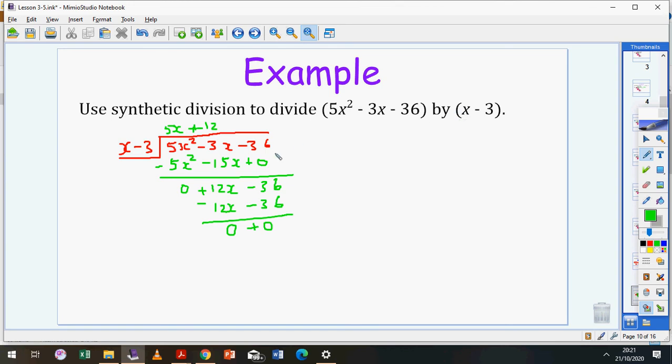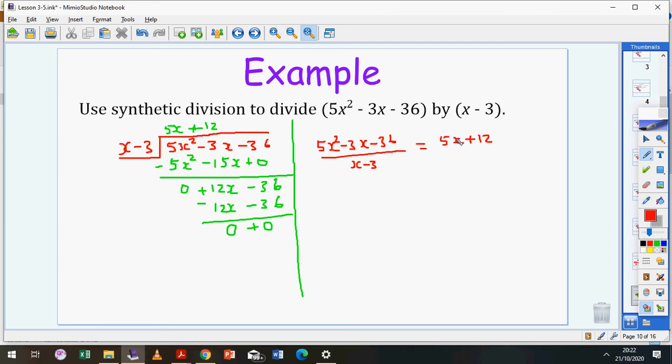Like I've told you before, it's one of the skills of factoring polynomials. So writing it in terms of completed division, 5x squared minus 3x minus 36 divided by x minus 3 is equal to 5x plus 12. No remainder.